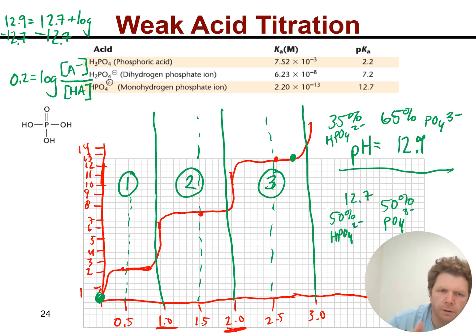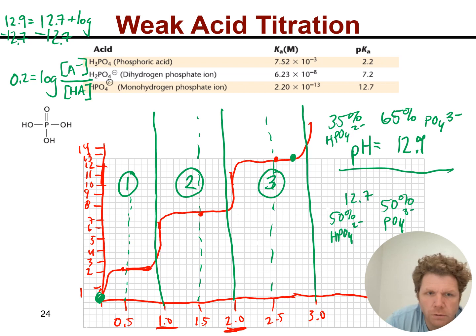So what we need to do with this is take this 0.2, this log of A minus over HA. What we know is that the A minus, the deprotonated form of our molecule, is going to be more abundant.